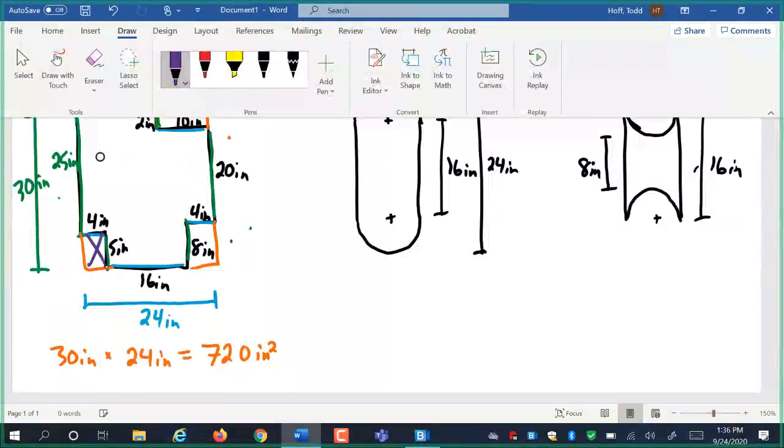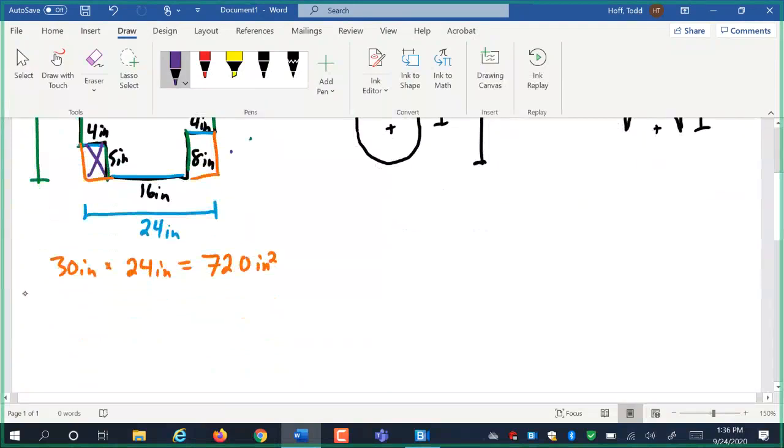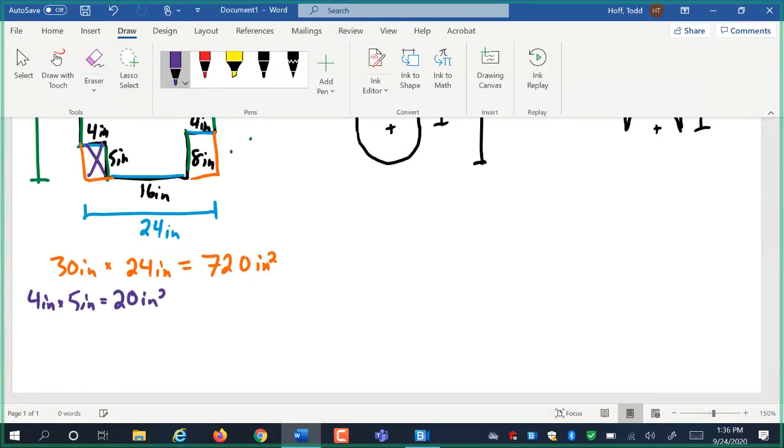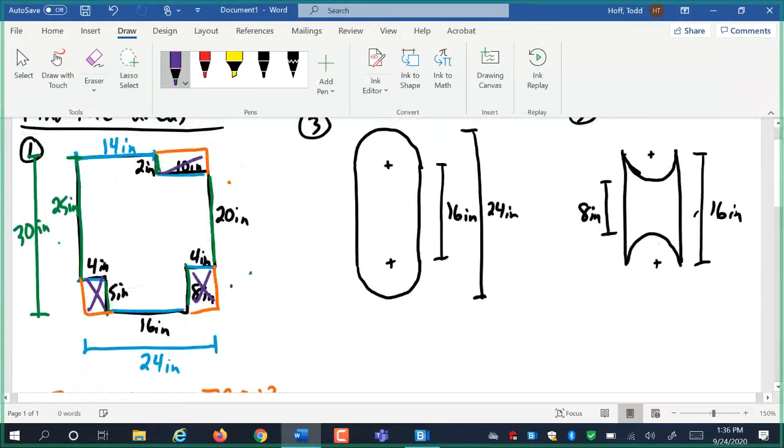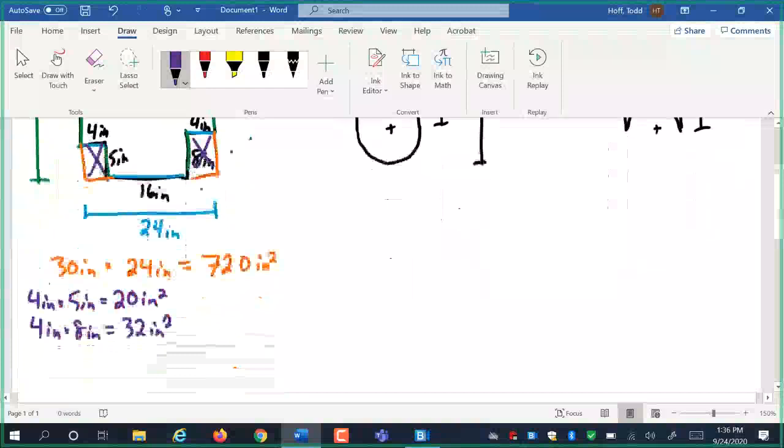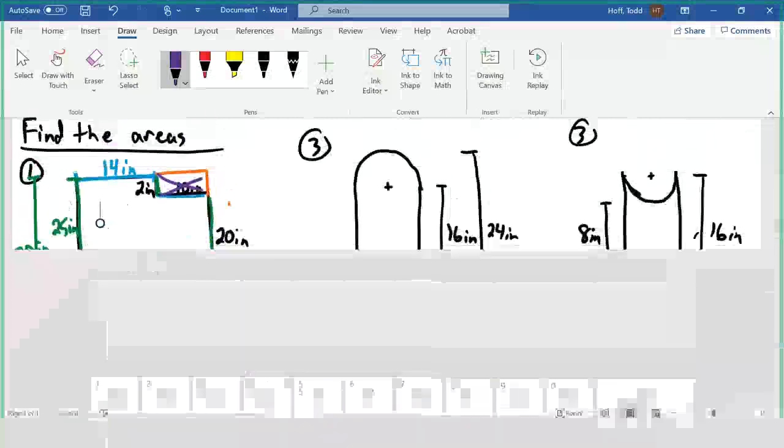So this piece here is 4 by 5. That's 20 square inches. This piece here is 4 by 8, which is 32 square inches. And this one up here is 2 by 10, which is 20 square inches.